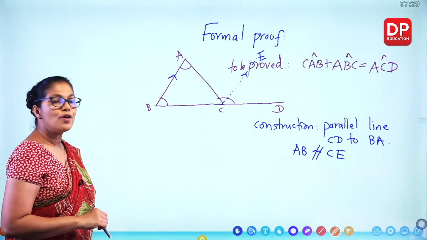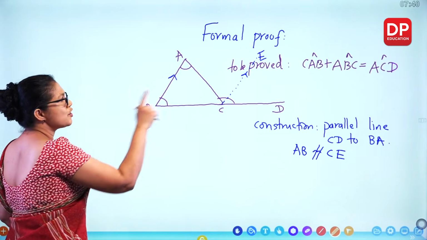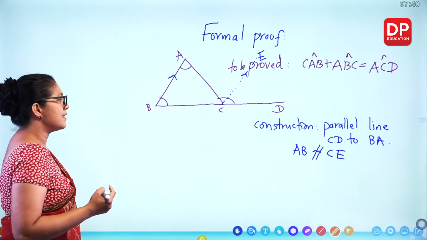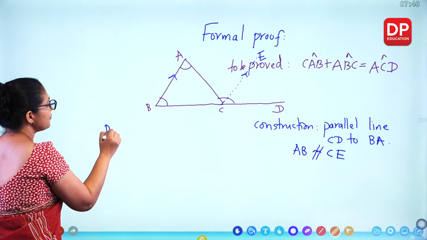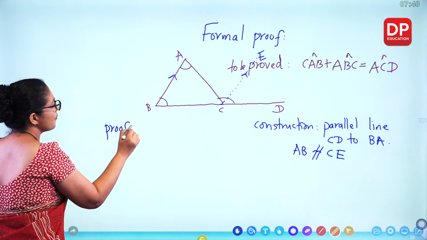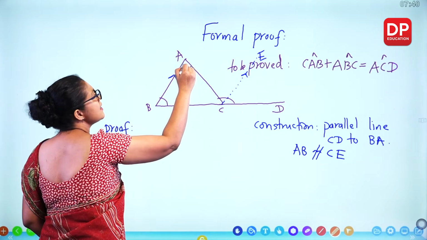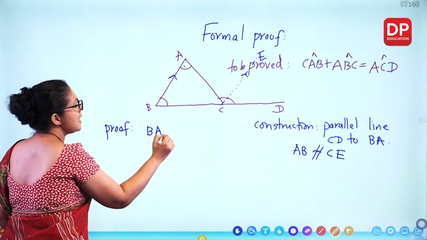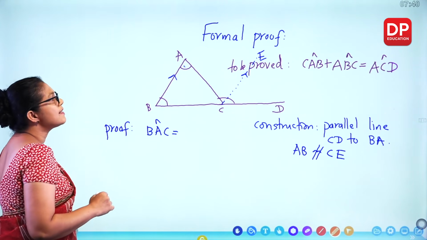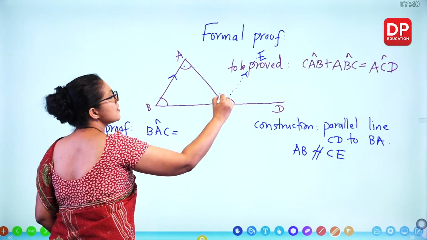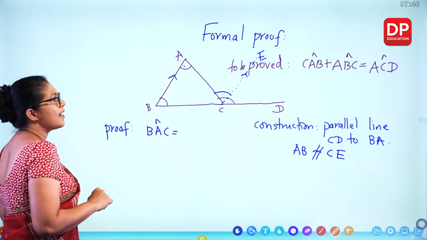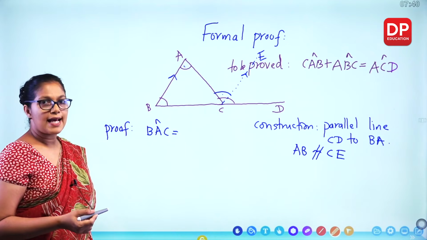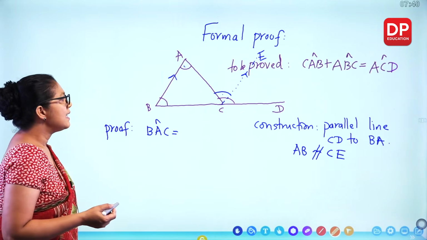Now we'll try to prove this. We need to prove these two angles is equal to the exterior angle. When you take this angle, BAC angle is the same as what? This angle. Why? If these two lines are parallel, you get alternate angles, so alternate angles are equal.